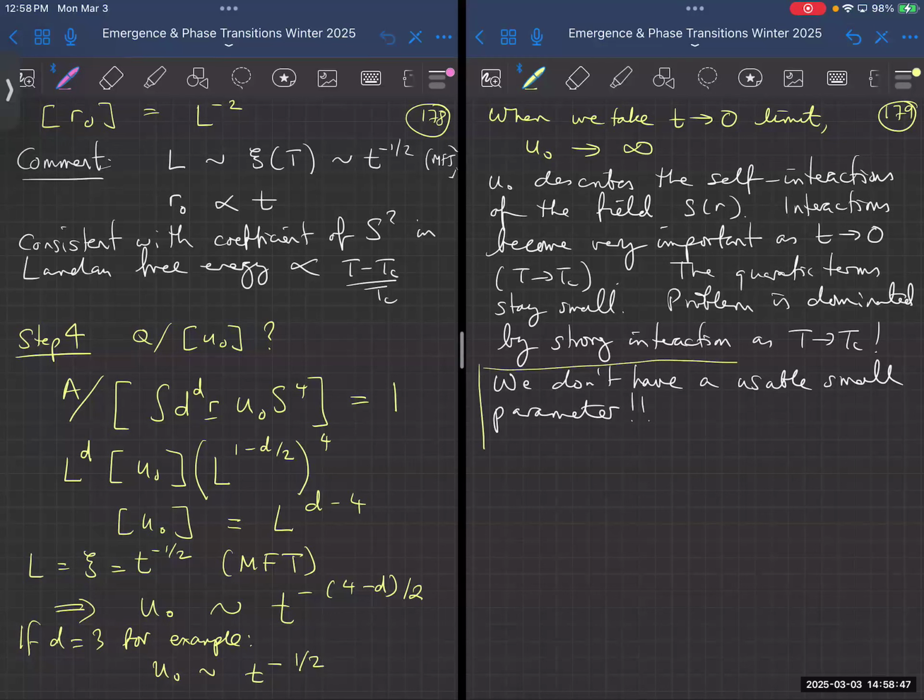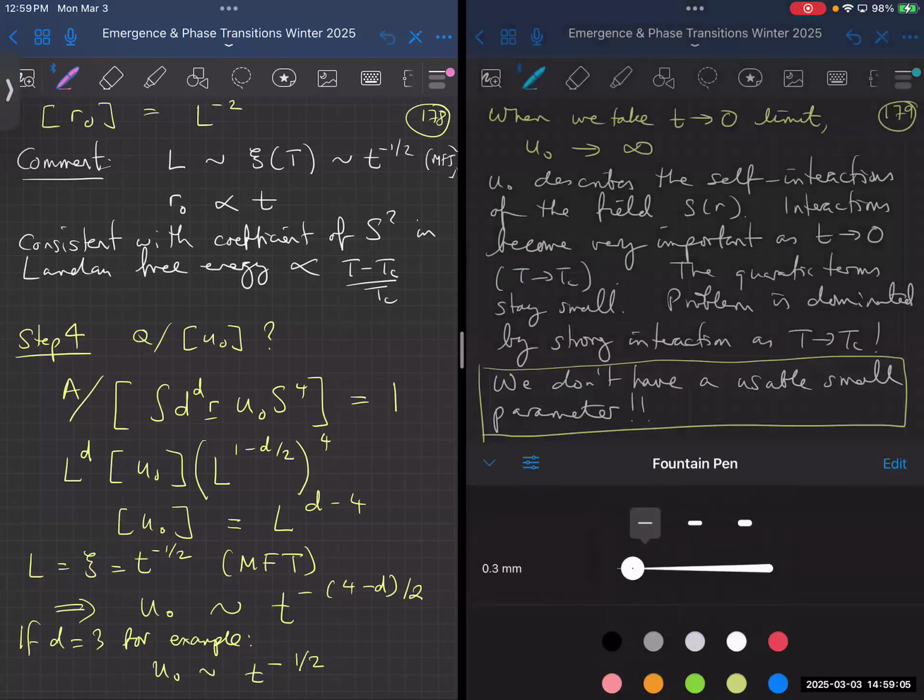That's the thing that made this problem unsolvable for more than 50 years. Okay, so that's the first part. So this tells us then that something interesting is happening.